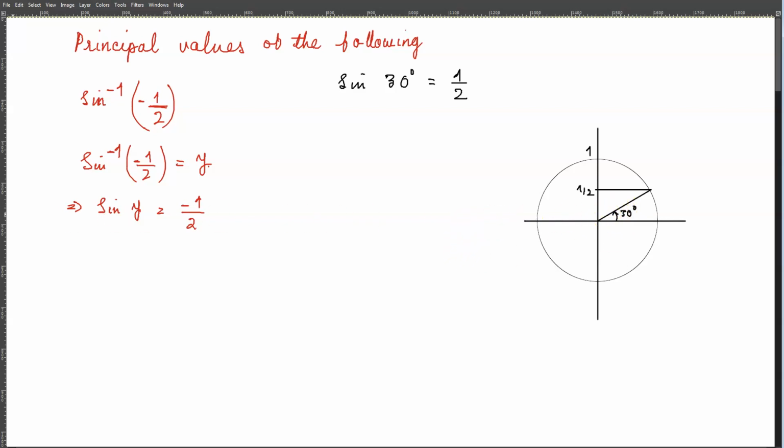Now if I draw some angle over here, something like this, and the angle between these two lines is 30 degrees, then the whole angle starting from here all the way up to here would be 150 degrees, right?